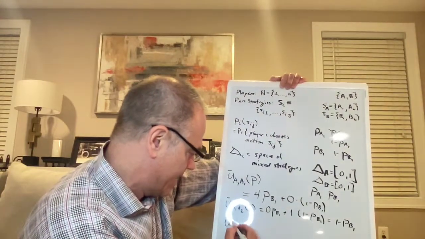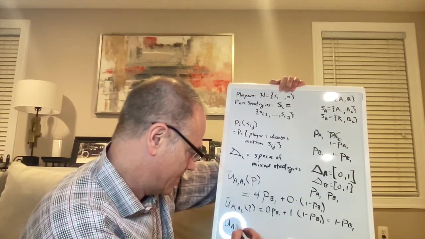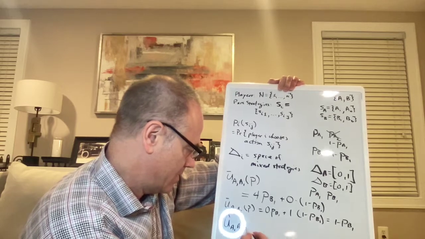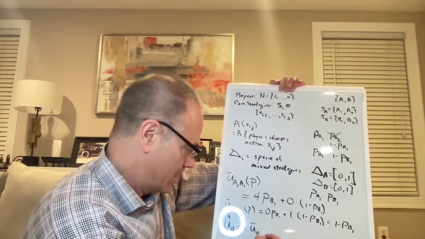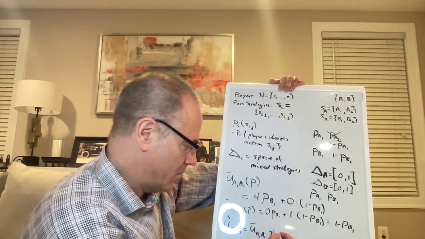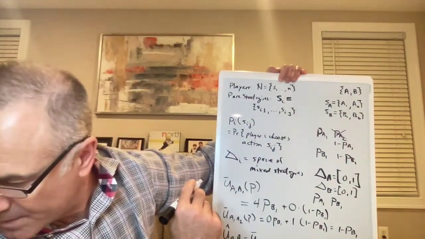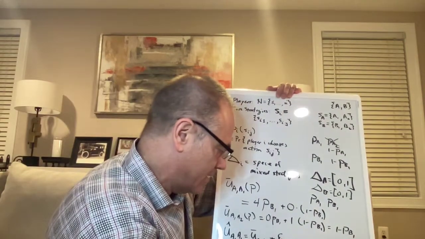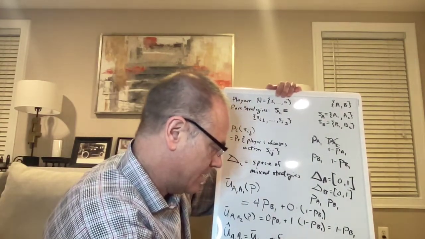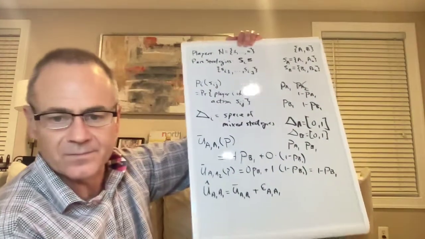Now, U hat A1 just equals U bar A1 plus epsilon A A1.